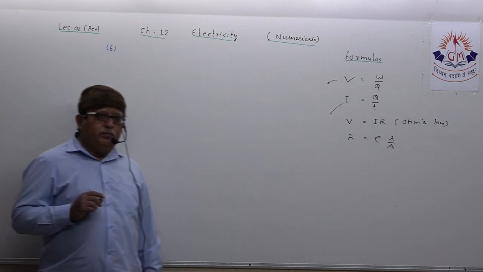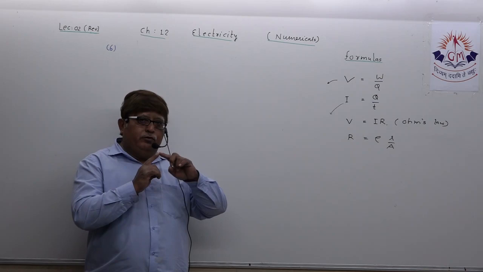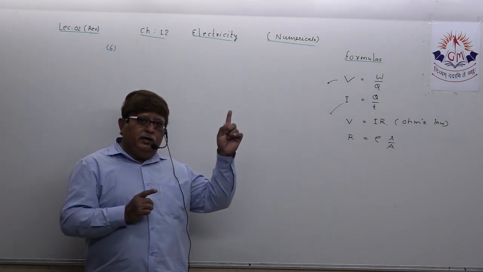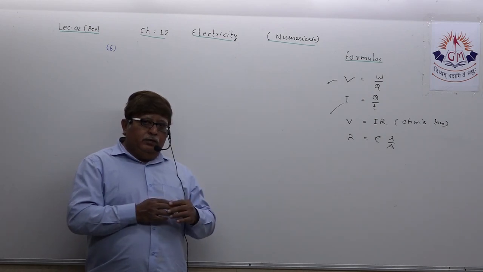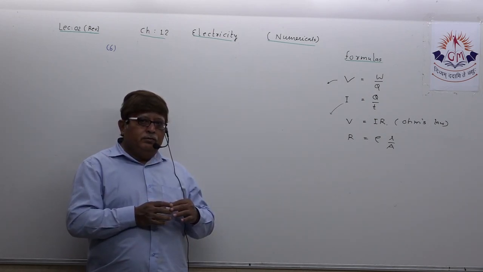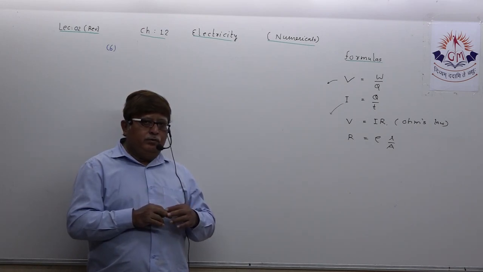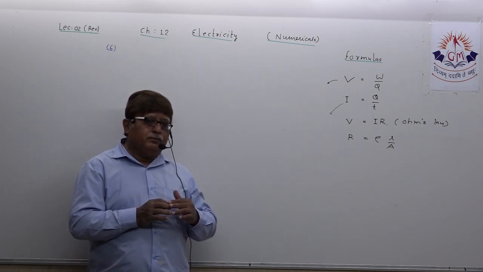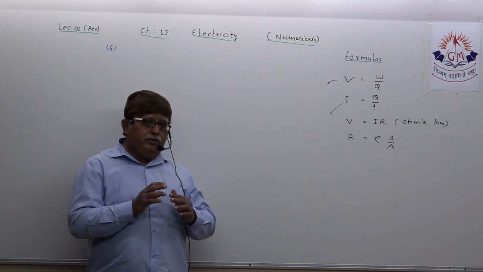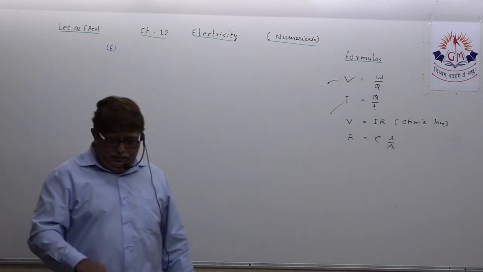Only from these two given data you have to find the number of electrons. Before you do this numerical, you have to stretch your thinking to lecture number 1. 1 coulomb equals how many electrons? 6.25 into 10 raised to 18, you know. So if you get the amount of charge, you will directly get the number of electrons.